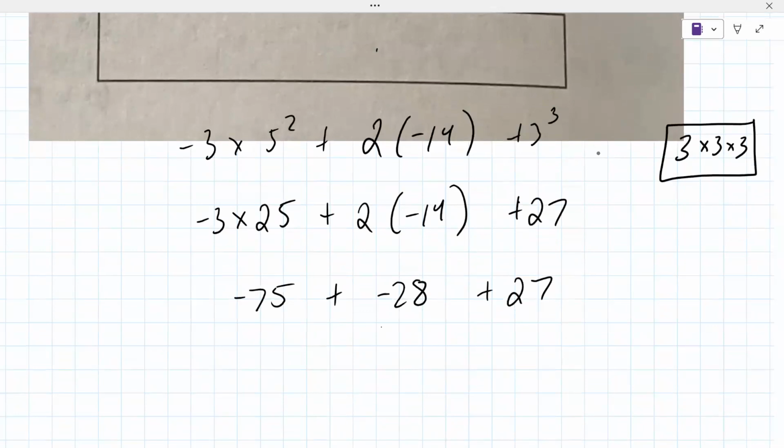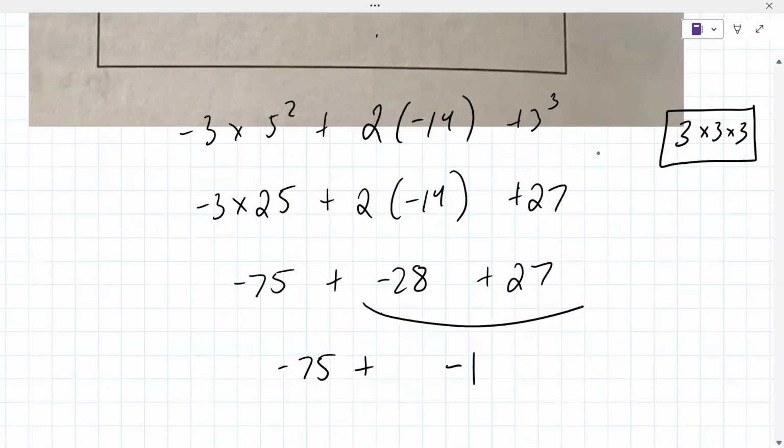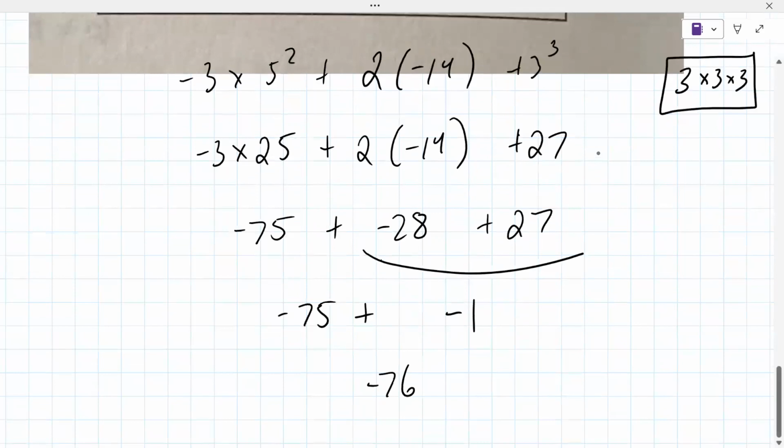Close, close. So I would actually add these two together first. I know we typically do it left to right, but that gives you -1. So -75 plus -1 is, wait. I'm confused. I don't even know where I went wrong. I have to go back.